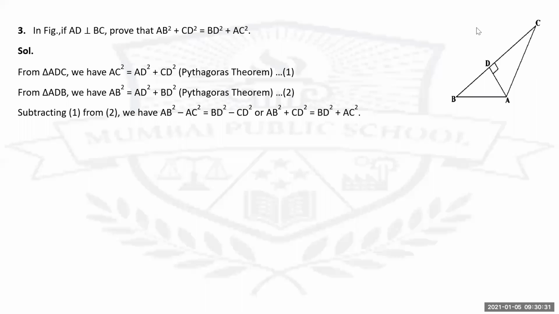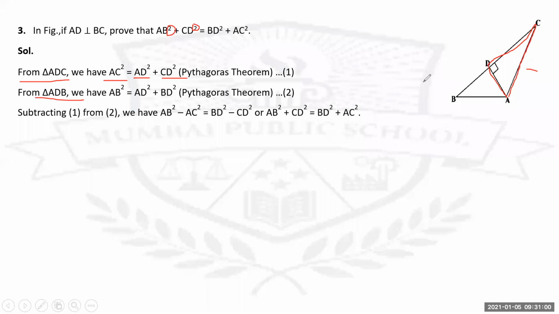Now you will individually apply the Pythagoras theorem, because the square sign you are going to get with help of the Pythagoras theorem only. From triangle ADC, AC is the hypotenuse. You'll get AC square equals AD square plus CD square.